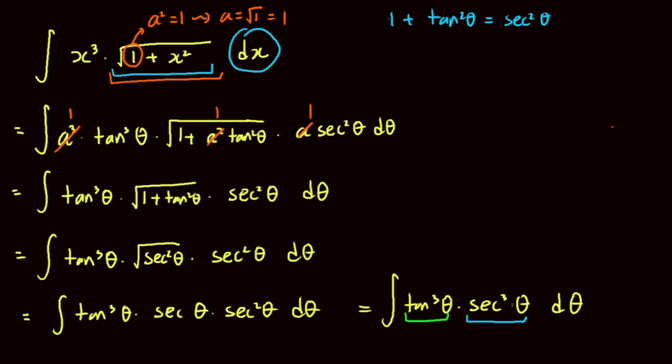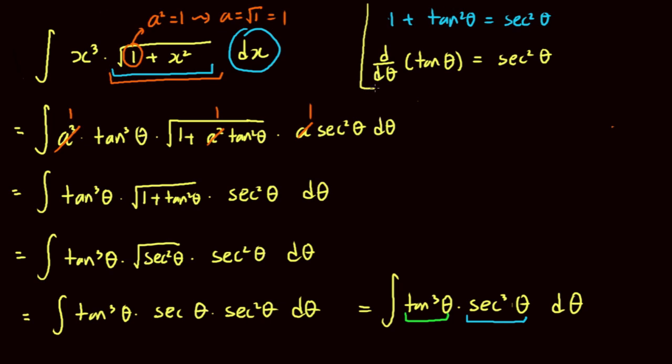So now here's the thing. We're left with tan cubed theta and sec cubed theta. We know that when we differentiate tan theta, we clearly get sec squared theta.